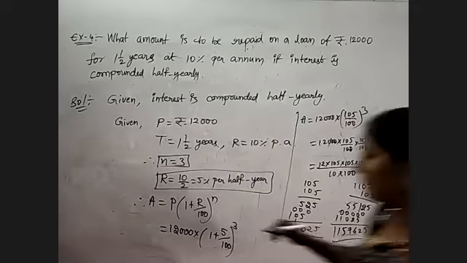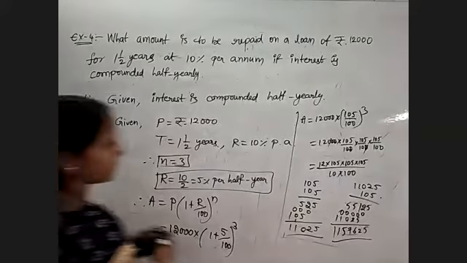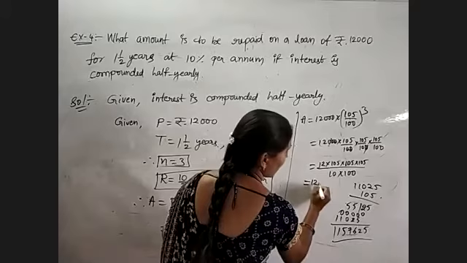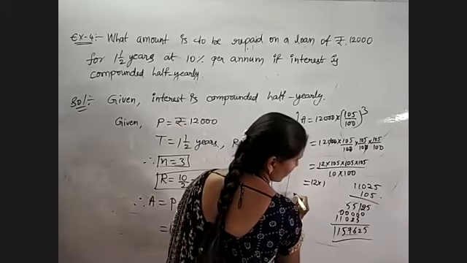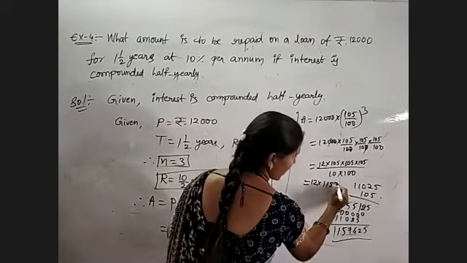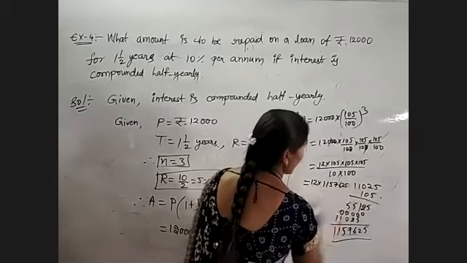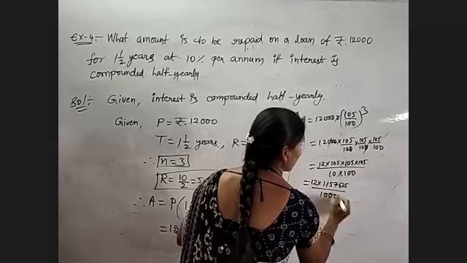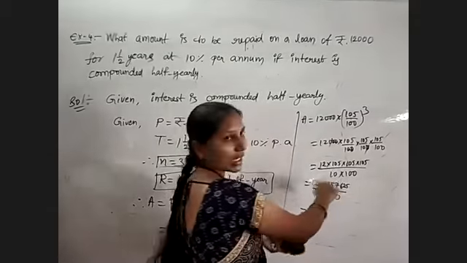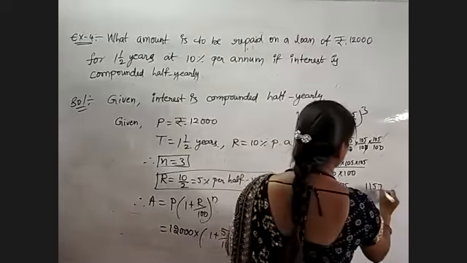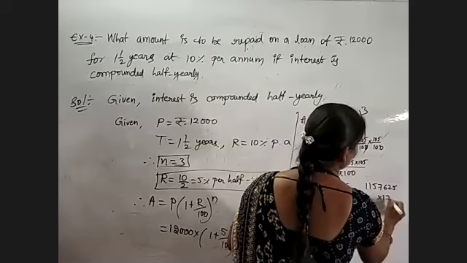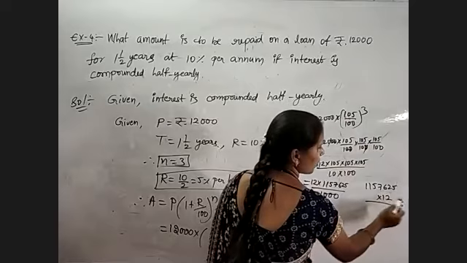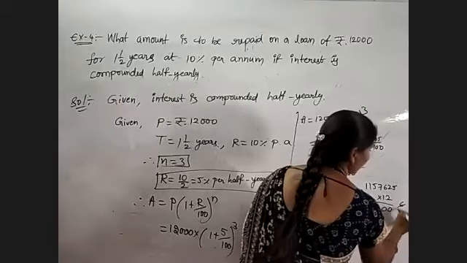So 12 into 11,57,625 by 1000. Again we need to find out the product of the numerator. 1157,625 into 12. 12 5s are 60. Okay. 12 2s are 24. 24 plus 6, 30.